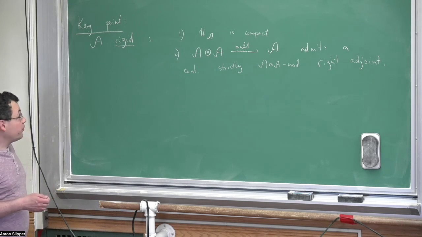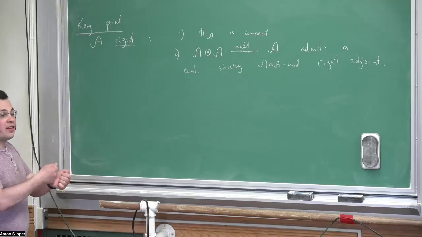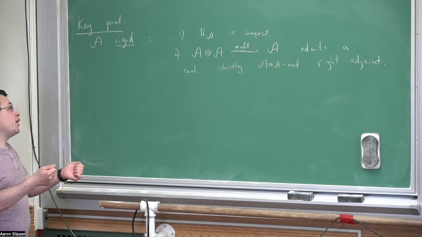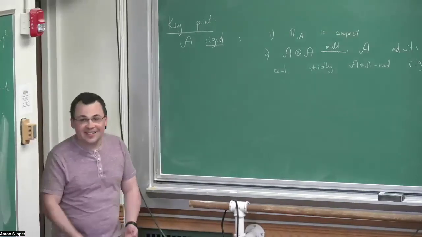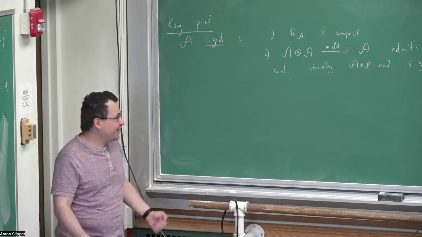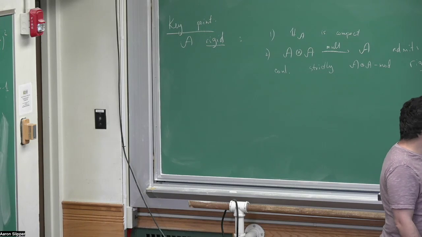Why is it called rigid? Well, there's a classical notion of rigid where everything has a dual. So in compact objects, everything has a dual here. So it's not really like the deformation theory. No, well, it also is. It has consequences about that. But what was the original motivation?